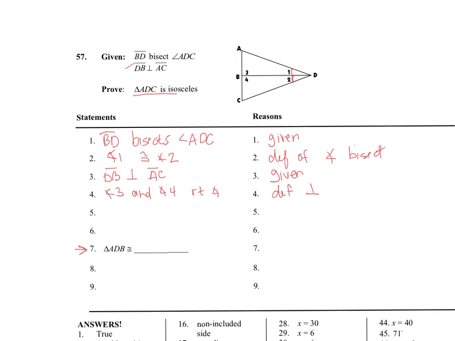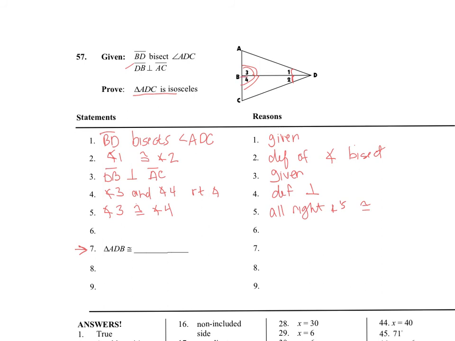And then we can go one step further, and we know that if they're right angles, they have to be congruent. And so angle 3 is congruent to angle 4, because all right angles are congruent. That's all that we can draw from that information.